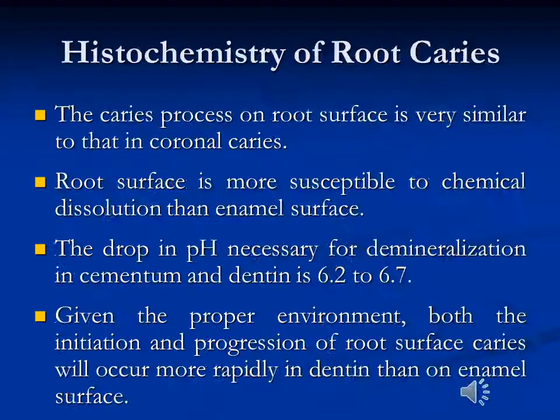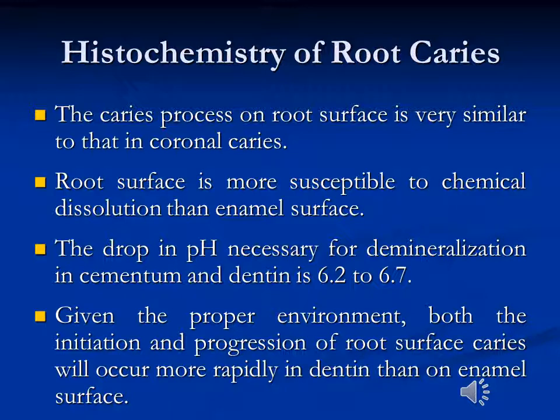The caries process on root surface is very similar to that in coronal caries, very similar to any carious lesion. However, there are some differences. For example, root surface is more susceptible to chemical dissolution than enamel surface, because the root is covered by cementum and the crown is covered by enamel.